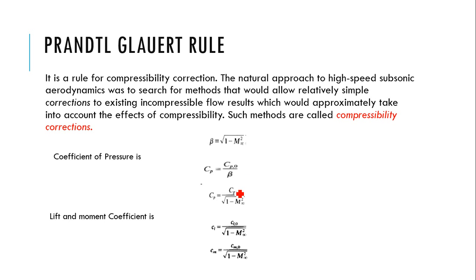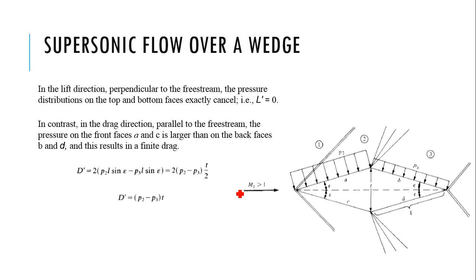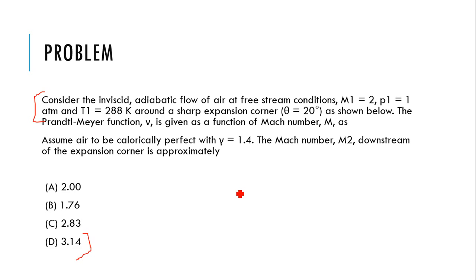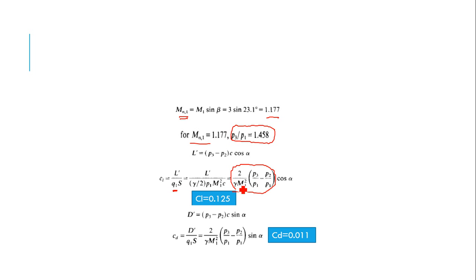You can find that formula in your lecture video. By substituting the formula for Q infinity, the equation becomes 2 divided by gamma M1 square into P3 by P1 minus P2 by P1 into cos alpha. We know the value for alpha, for P3 by P1, for P2 by P1 and also the initial Mach number.